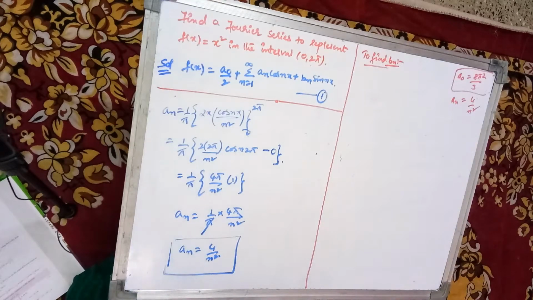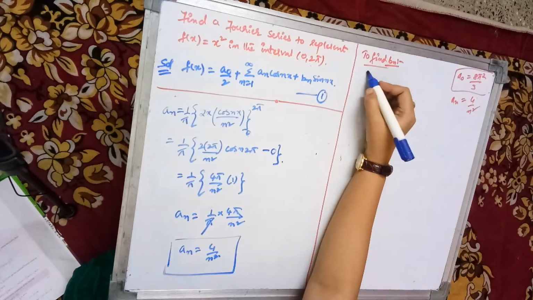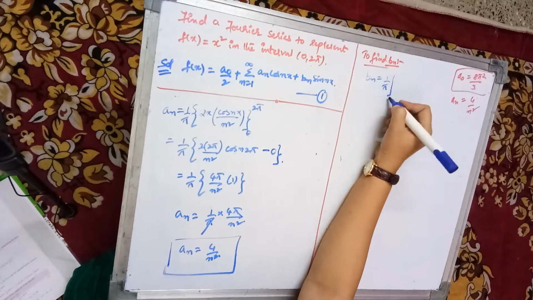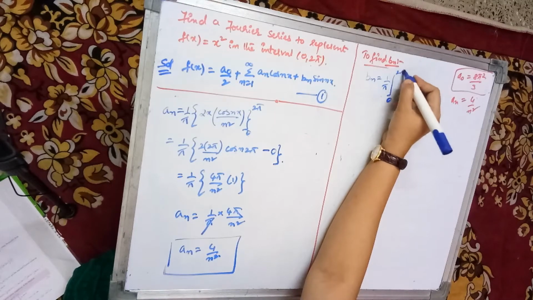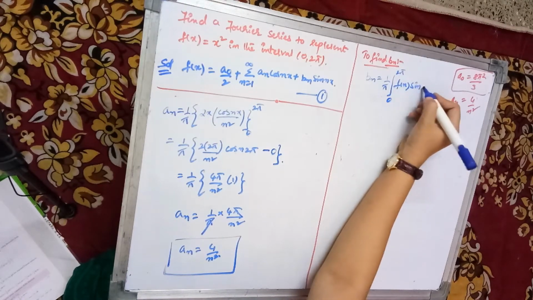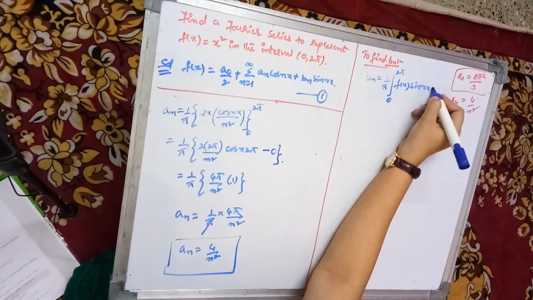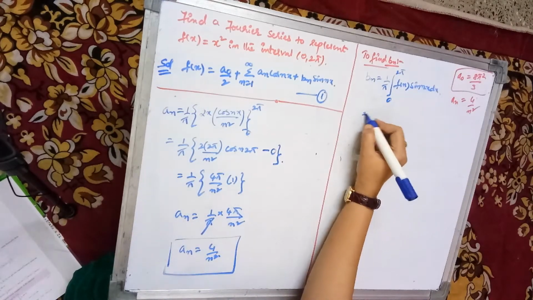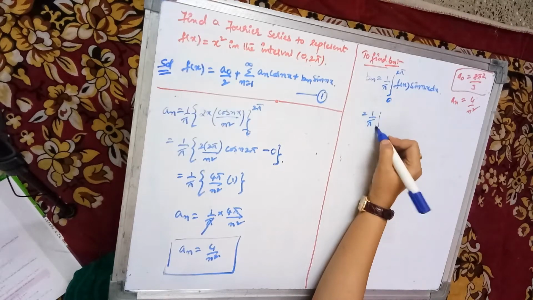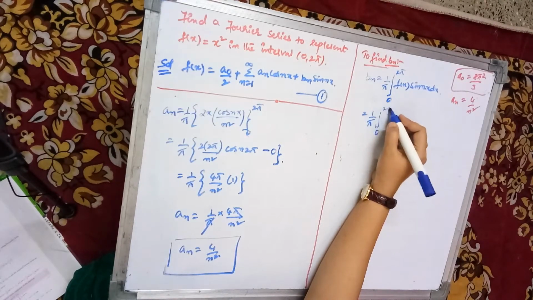To find bn, what is the bn formula? Bn is equal to 1 by pi integrating from 0 to 2 pi f of x into sine nx into dx, which is 1 by pi integrating 0 to 2 pi.